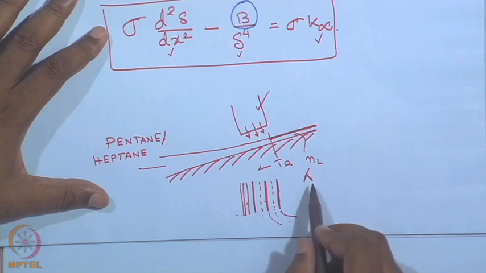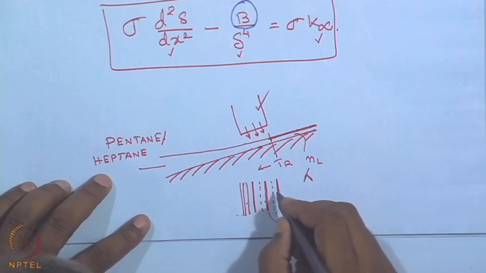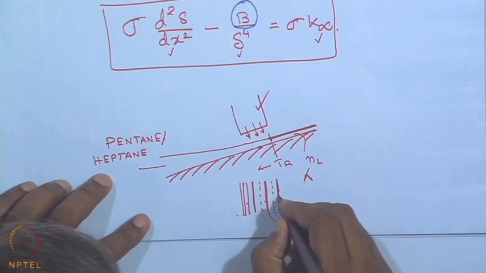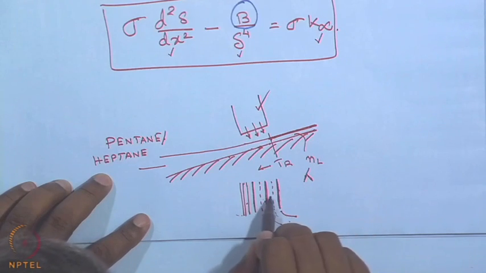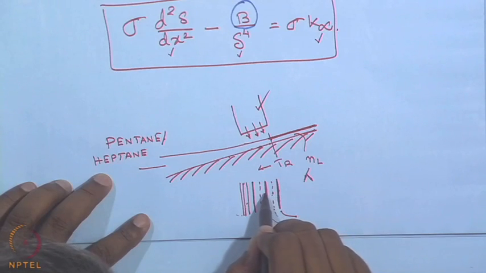So, using standard formulas of optics, I know exactly what is the film thickness at this point, what is the film thickness at the minima, maxima, minima, maxima, and so on.